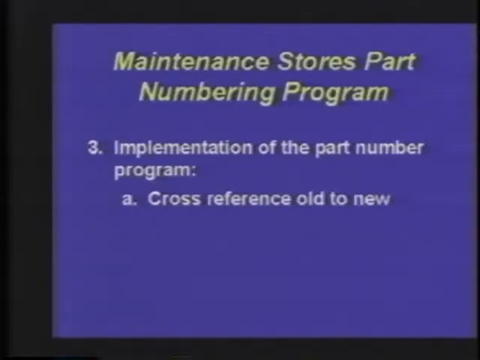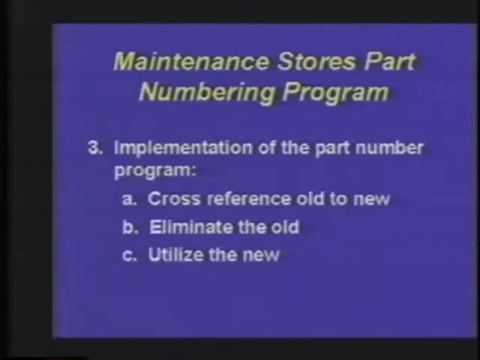And then at some point in time, after all of the items in the storeroom have been identified with the new part number, the various source documents like the maintenance planning and scheduling requirements, which would include the equipment and the related spare parts lists, those would likewise have to be updated with the new part number. Then at that time, where we have all of the data elements converted from old to new, we can eliminate the old number and utilize the new number.